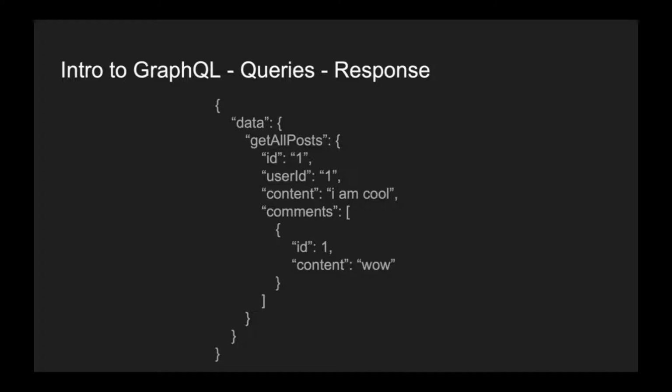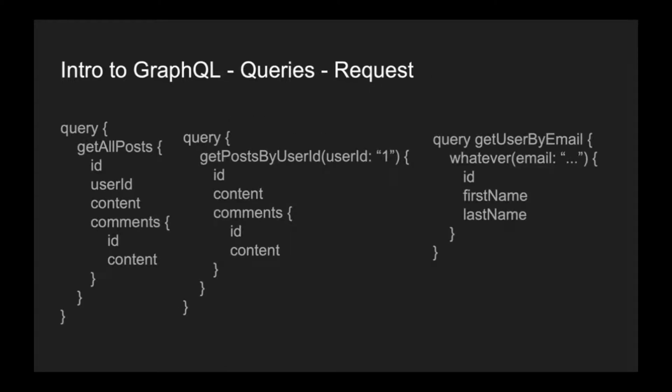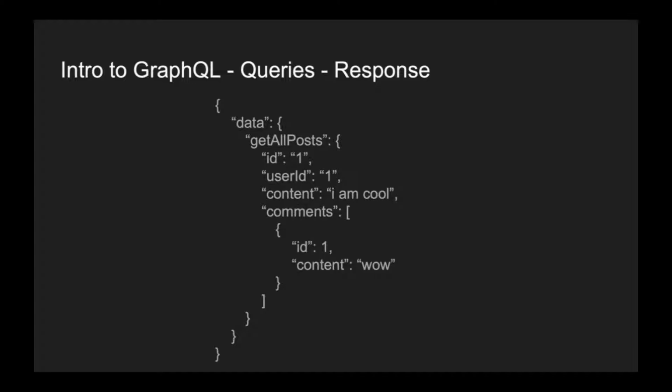And then here's an example response. This is an example response of the get all posts query. It's going to be in JSON format, and the other hallmark of GraphQL responses is that the second object here is going to be labeled data, and that's almost consistent across every GraphQL implementation.